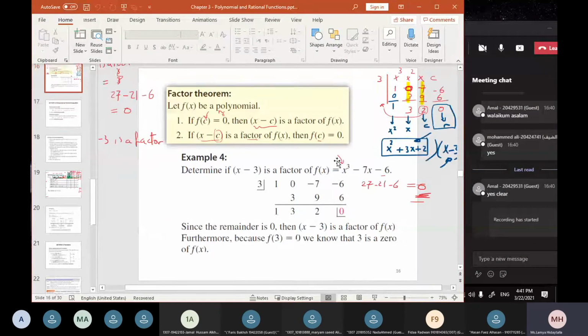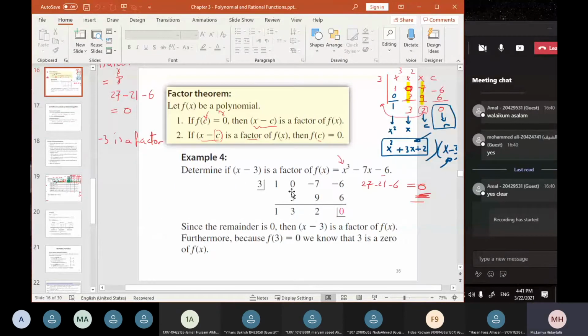And we knew how to find the remainder if we have a polynomial that is divided by a factor which looks like this one. We can use either this method or we can just substitute the value.